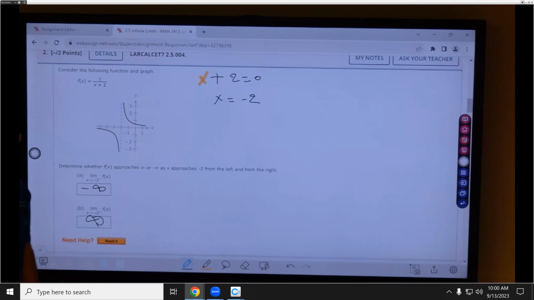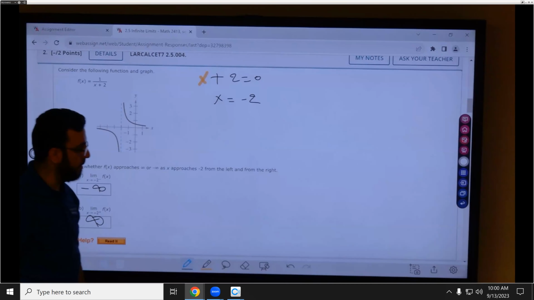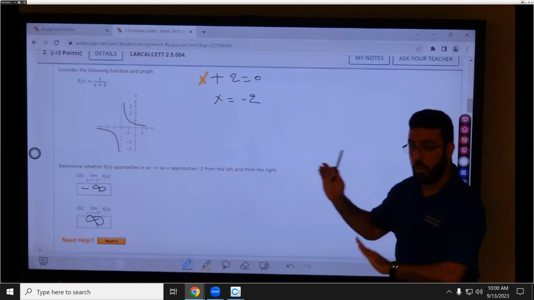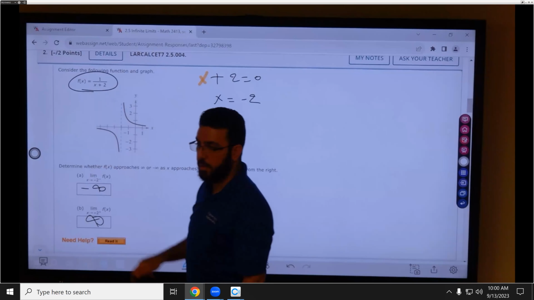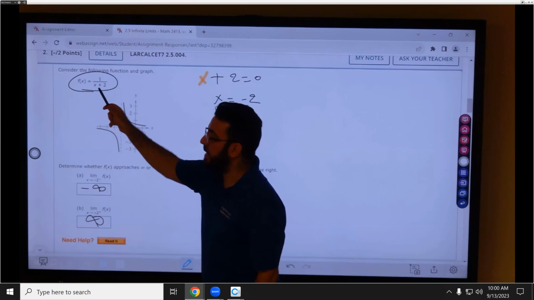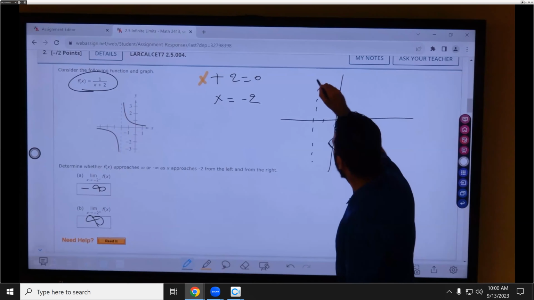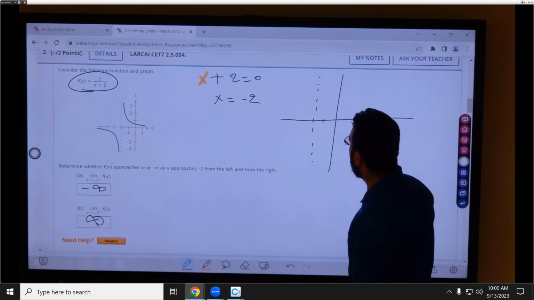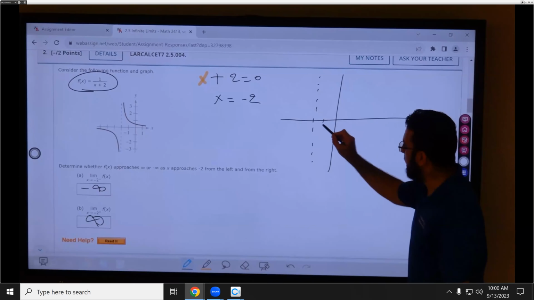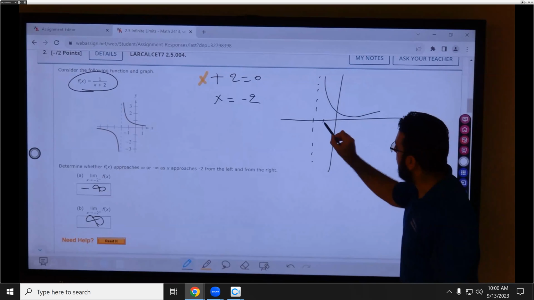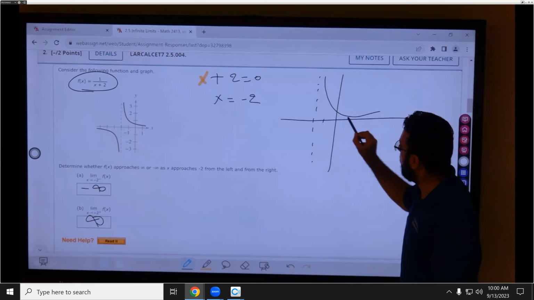That's it. Again, how are you gonna graph it? If there is no graph given, it's a rational function, so how are you gonna graph it? First, you find the asymptote, here's -2. Then create a table and pick any numbers on the right, like -1, 0, 1, 2, 3, and you're gonna get this graph.